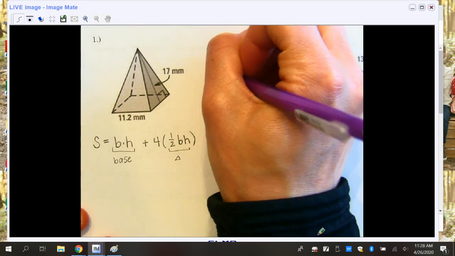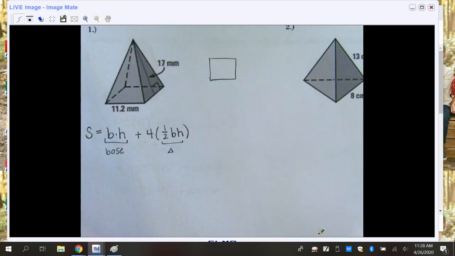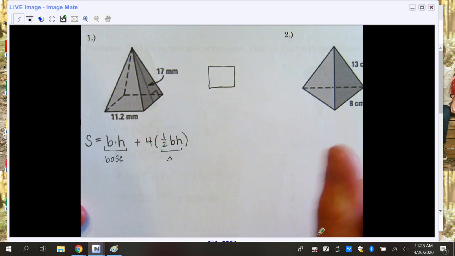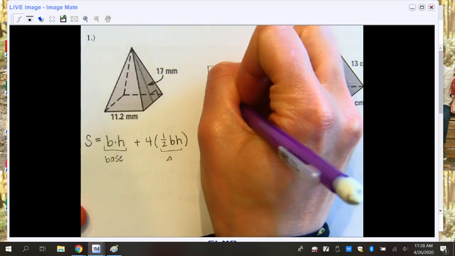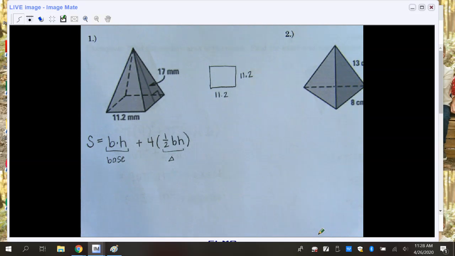So what sometimes is easier for people to visualize is to draw out two of the parts separately and then label what you know about it. So there is my base. So that's going to be 11.2 and 11.2. Okay.